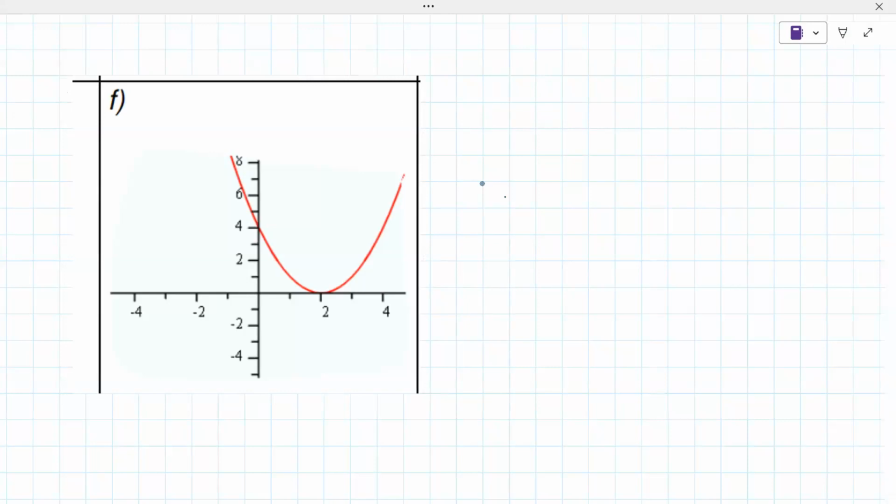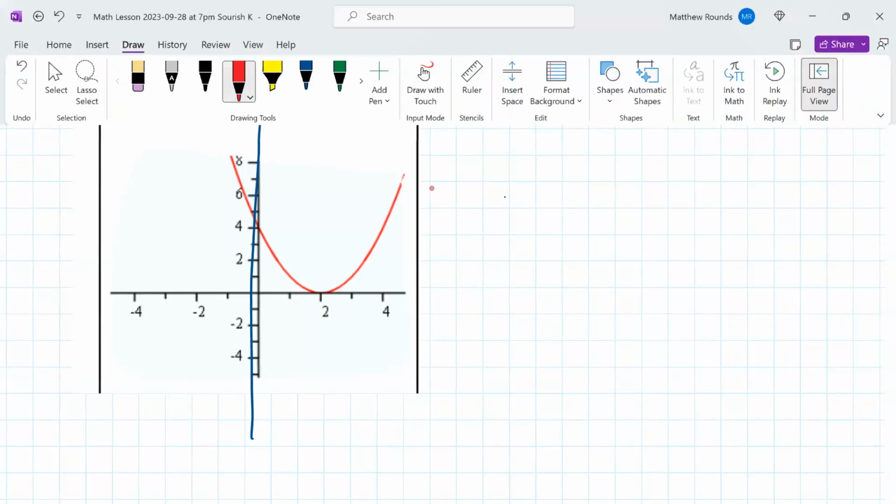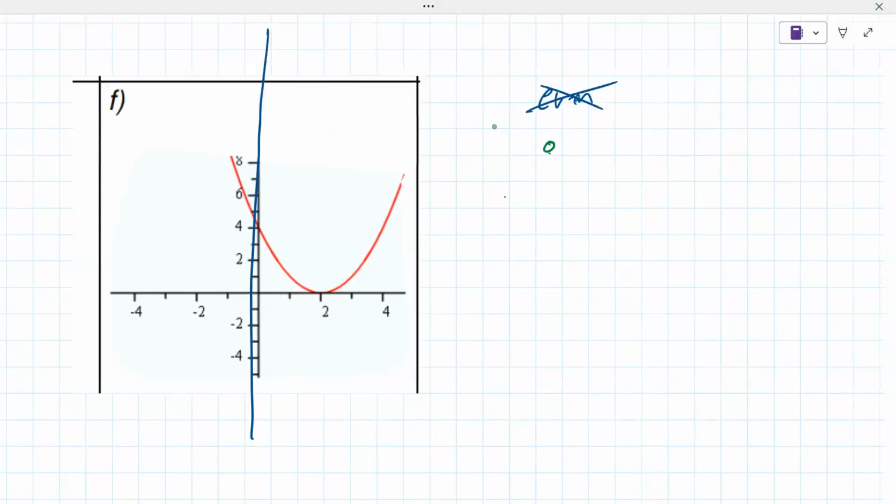What is the rule for even? It goes to the same left and right of the y-axis. Is it the same left or right of the y-axis? No. So it's not even. Why is it not odd? It's not odd because it's not crossing the origin. It doesn't go through the origin, so therefore it must be neither. Neither. All right, we can stop there for today.